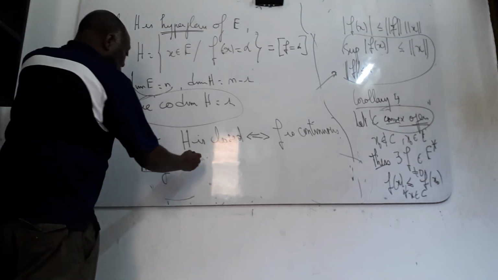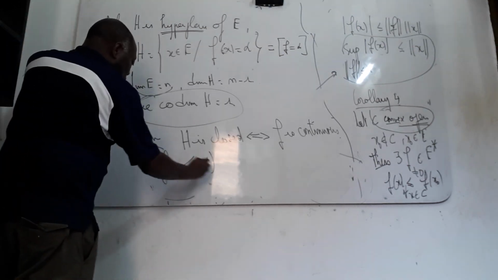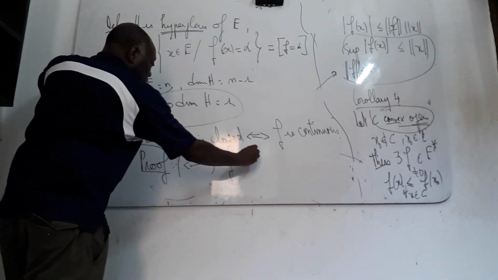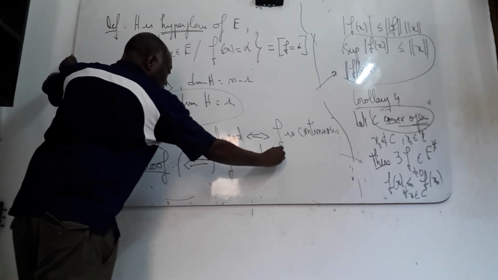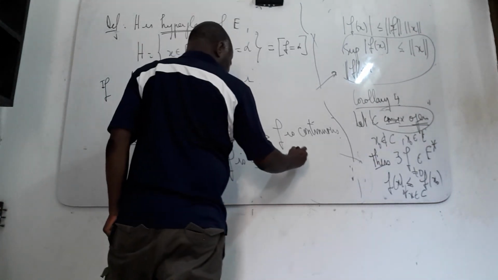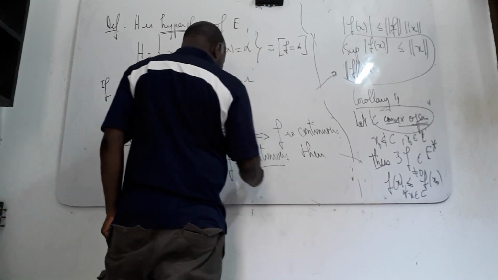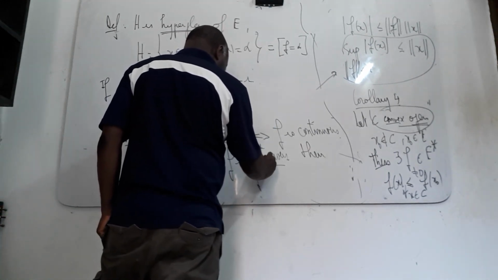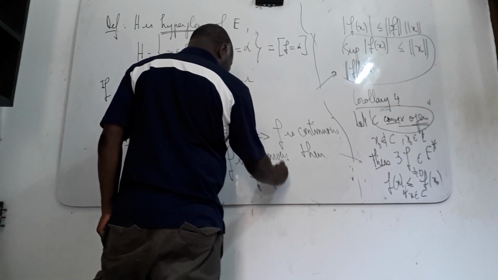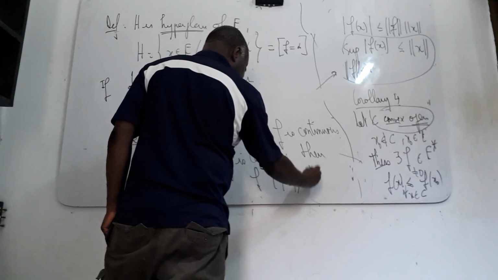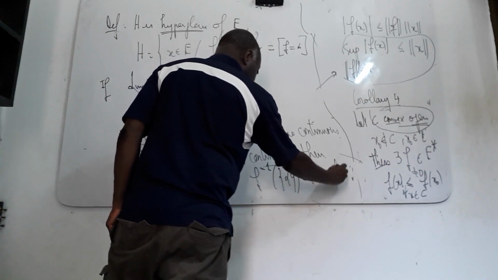Suppose, if you want to prove this one, first of all, that f is continuous. Then f minus 1 of the singleton alpha, which is exactly H, is closed.